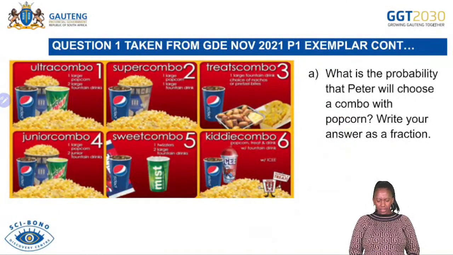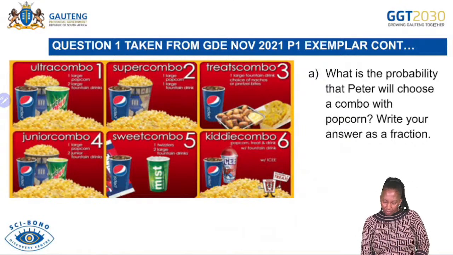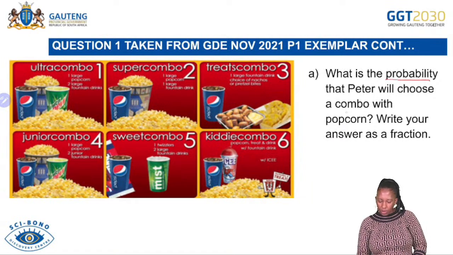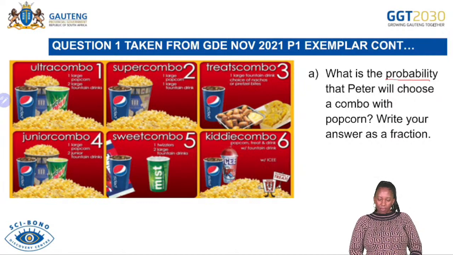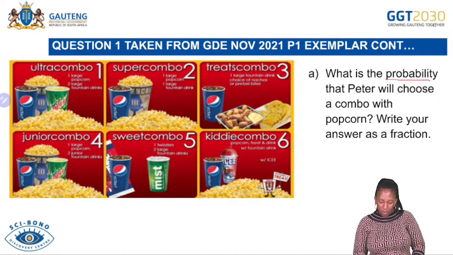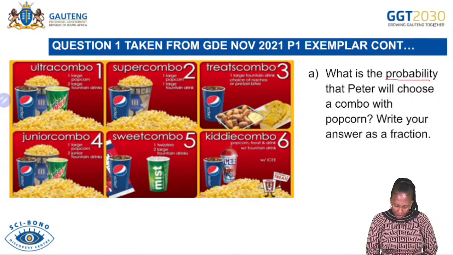And now let's check the questions. Question 1 says, what is the probability that Peter will choose a combo with popcorn? Write your answer as a fraction. Let's have a look at our combos.